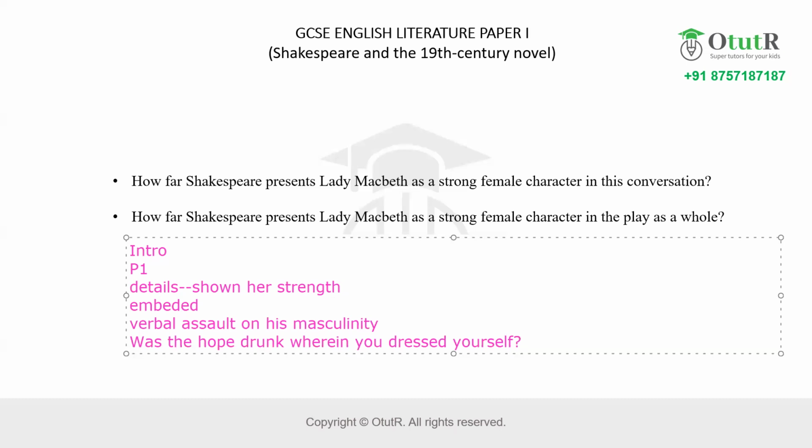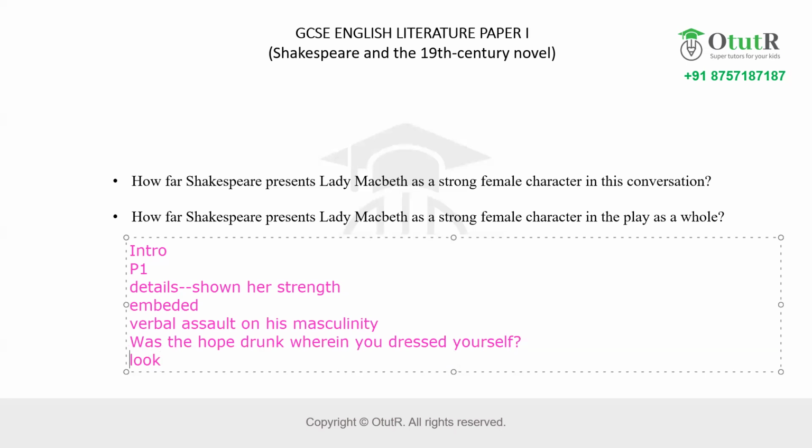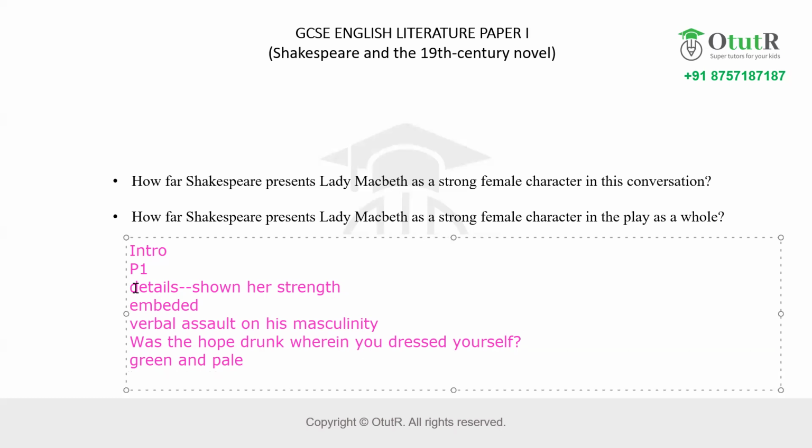Following that, she also says, "Had it slept since, and wakes it now to look so green and pale?" So she describes, okay, I'll just write green and pale. What she does here is expose his inconsistency and cowardice.